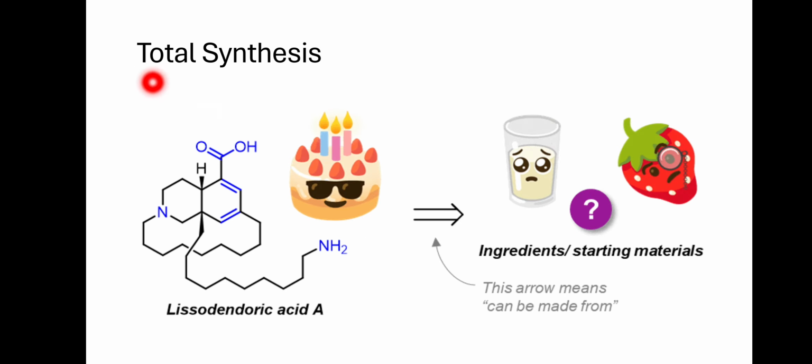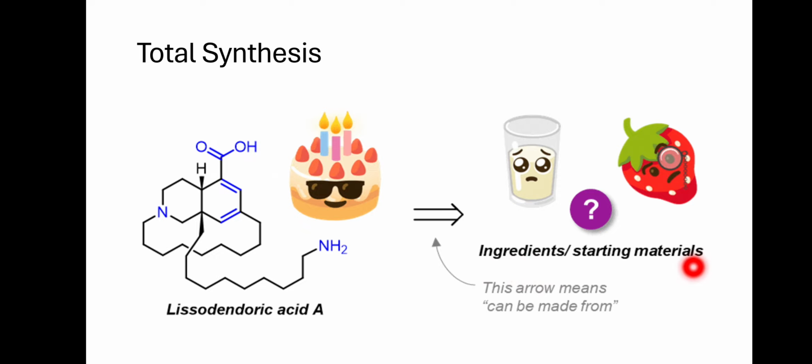So finally, what is total synthesis? Just like preparing a cake, you need the ingredients, the starting materials. Similarly, for synthesis of a naturally occurring molecule or natural product, you do a retrosynthesis or logical disconnection, and you think of commercially available starting materials. The starting material must be cheaper so that it can be synthesized on a larger scale in industry.